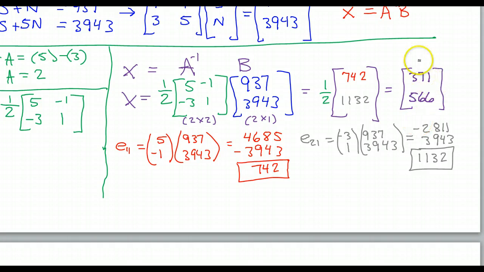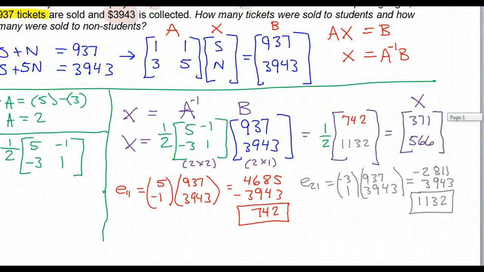So this is matrix X that we just found, because X equals all this. And of course you recall that in matrix X the first element is the number of student tickets, and the second element is the number of non-student tickets.